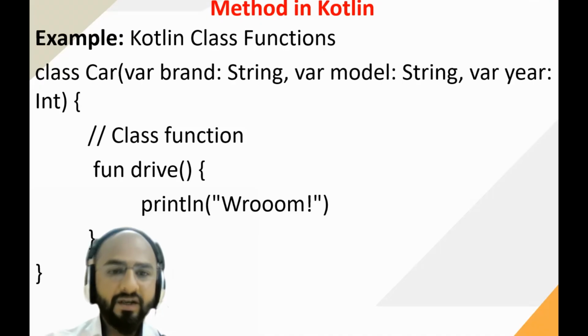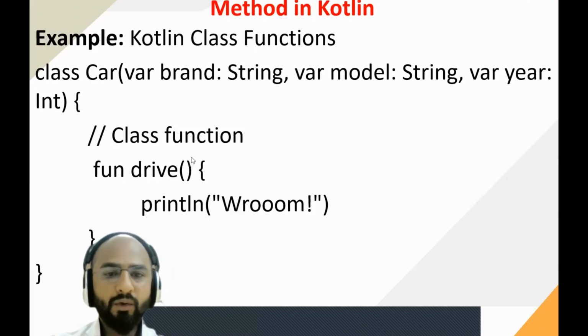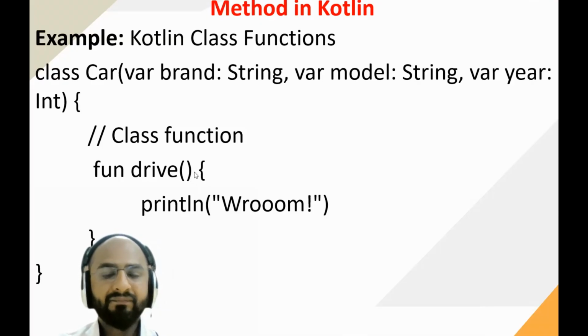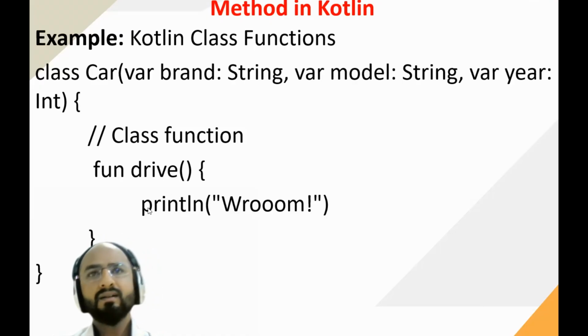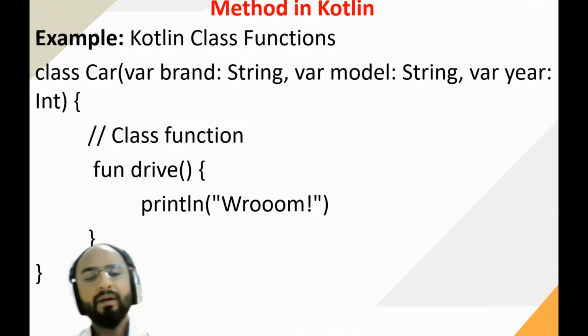So this is the function that I have defined over here. fun drive, then round brackets start and end. There is no parameter. This method is written without parameters and does not return any value. Then curly brackets start and end, and in that scope you can write the executable statements for that particular object.